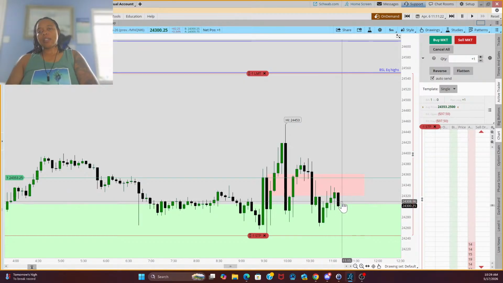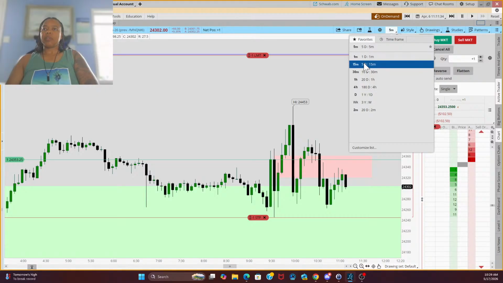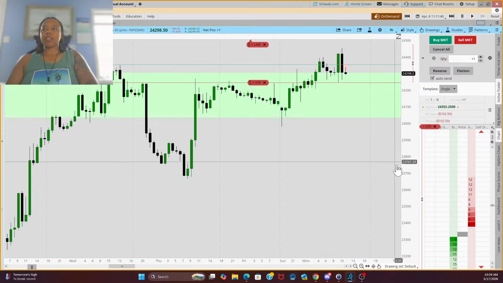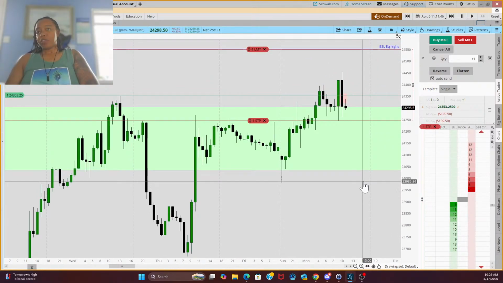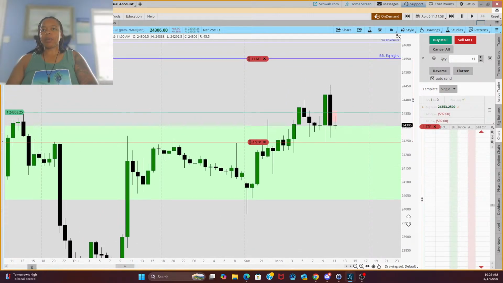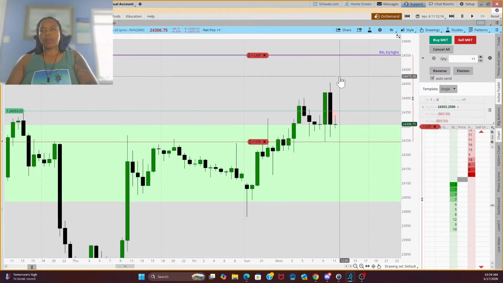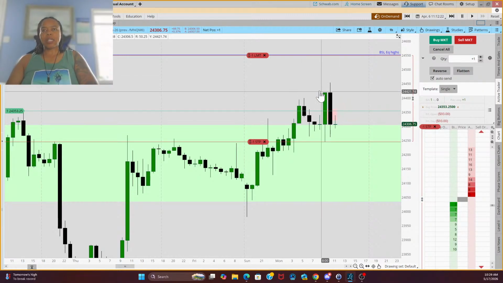And now I'm waiting to see if they want to continue up. I don't know. What does this 1 hour candle look like? Oof. It's just starting to form, so we've got nothing but a doji to play with. So far, it's telling me it wants to continue up, but we are sitting in sideways action.